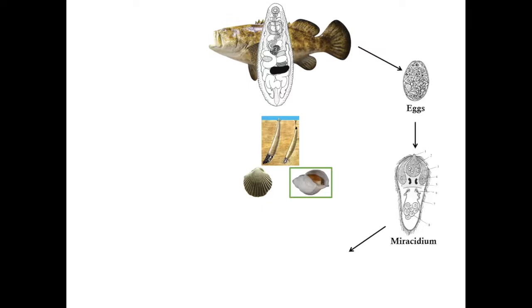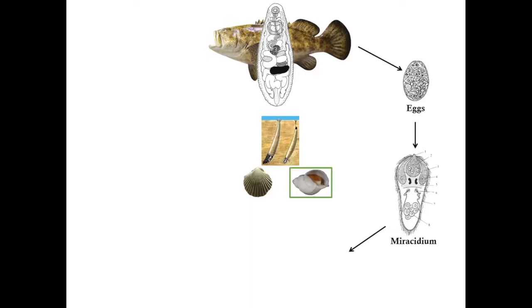And most often it's going to be a snail. And that's very important because trematodes are understood to be very highly specific in terms of their first intermediate hosts. And so any change in that host at the family or even subfamily level is quite significant.